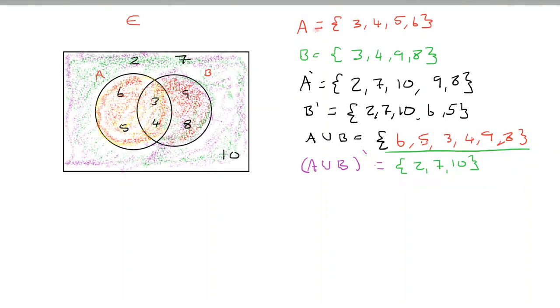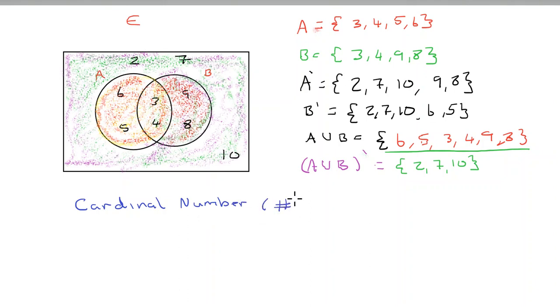Also, I just want to introduce this other terminology. So you have this thing that's called the cardinal number. C-A-R-D-I-N-A-L. So cardinal number, the symbol for that is this here.